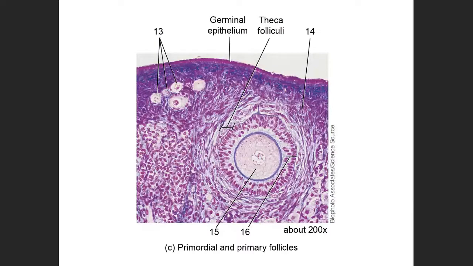Here you can see a group of primordial follicles beneath the capsule. And here you have number 15 as the oocyte, 16 are the granulosa cells, and 14 are the theca layer. And this region is called cortex of the ovary.